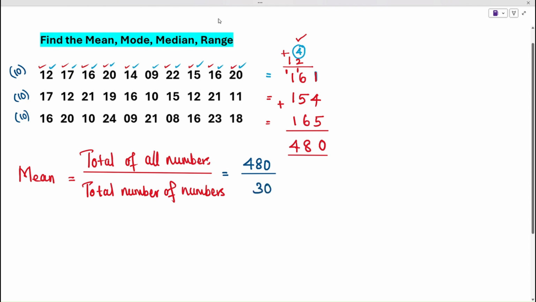So now we're left with 480 over 30. Now we can divide both our numerator and denominator by 10 and cancel out the zeros. So we're left with 48 over 3. And if we divide 48 by 3, we're left with 16. So 16 is the mean of this set of data.